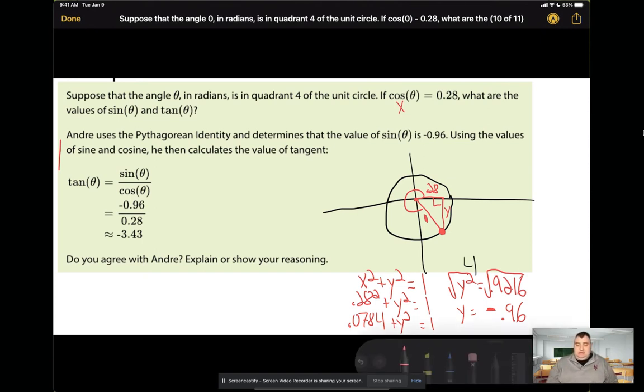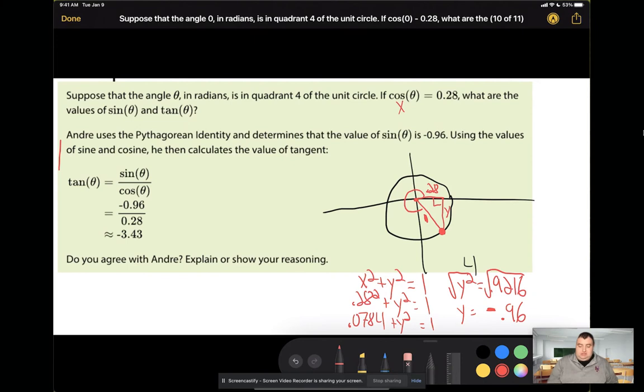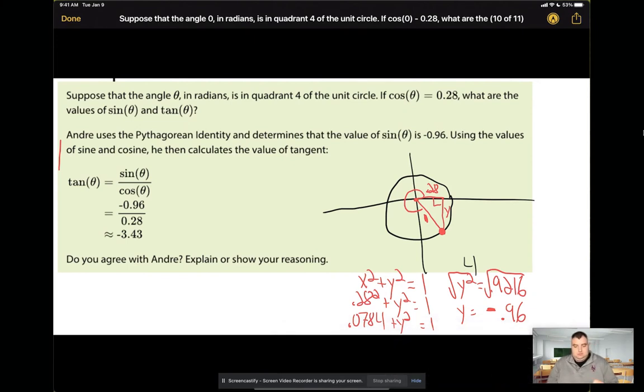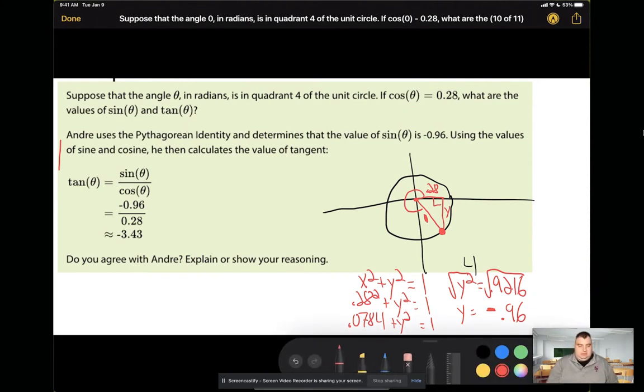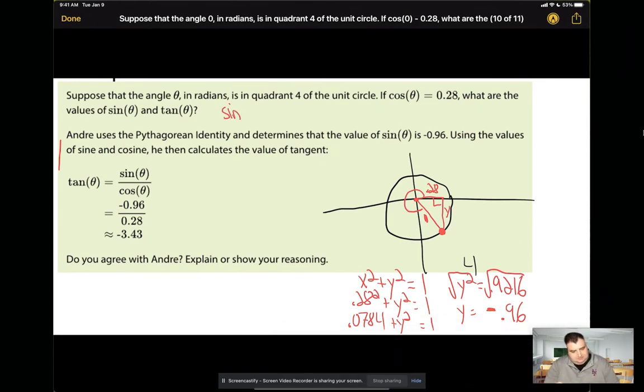To answer the first part of the question, what is the value of sine theta? The value of sine theta is equal to negative 0.96.